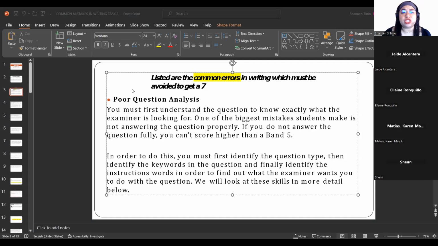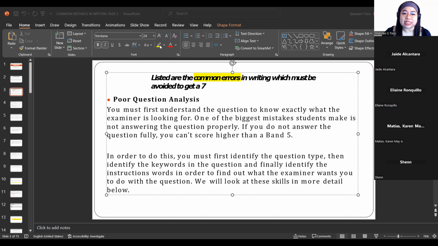So poor question analysis means you were not able to identify what is the key instruction, what is the main instruction in the given question in the subtest. Okay? You must first understand the question to know exactly what the examiner is looking for.